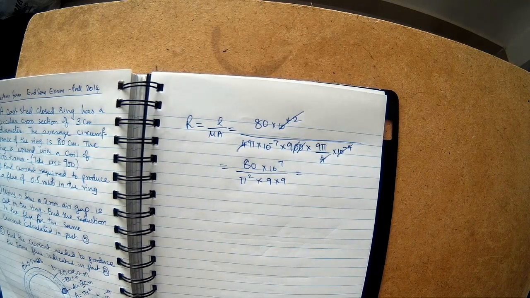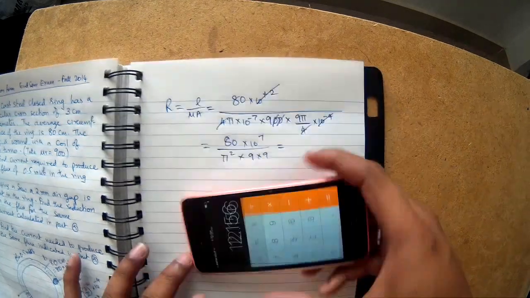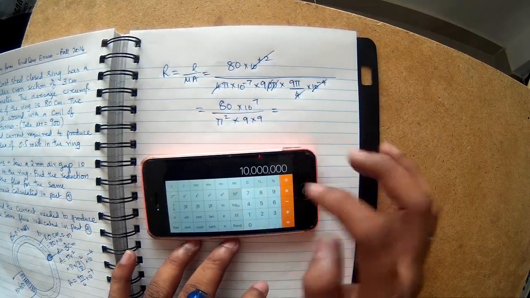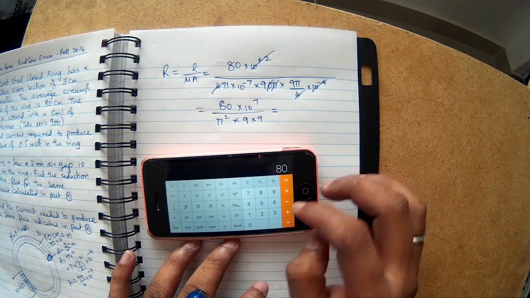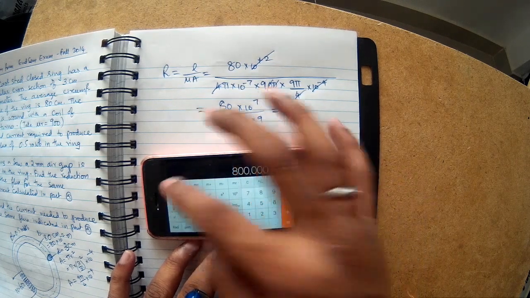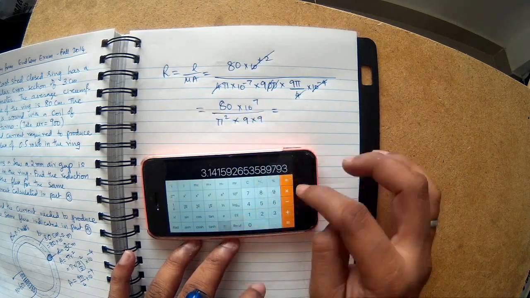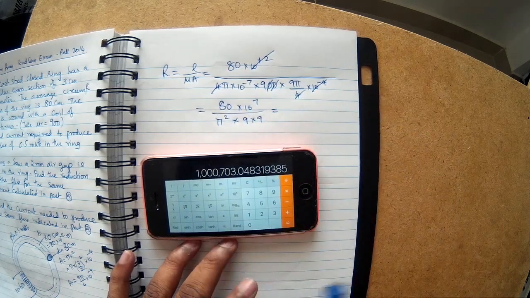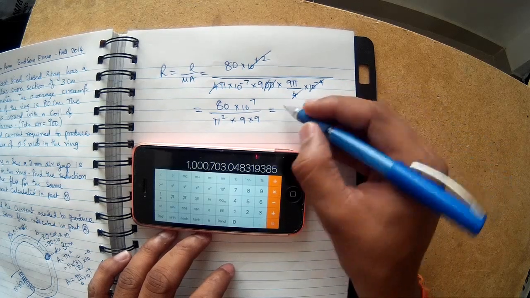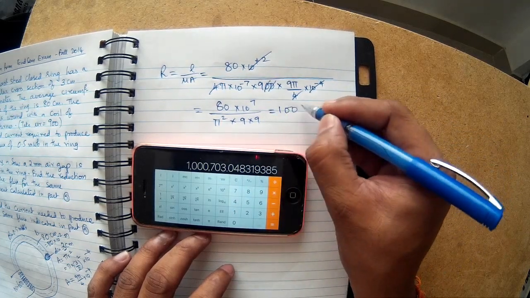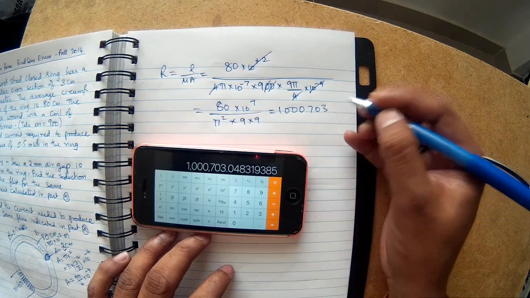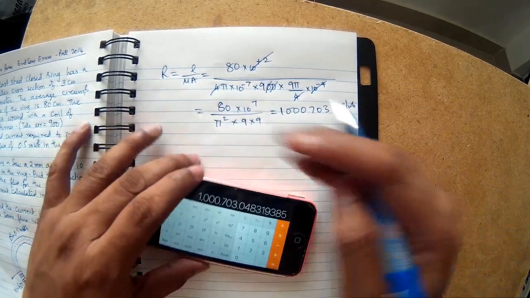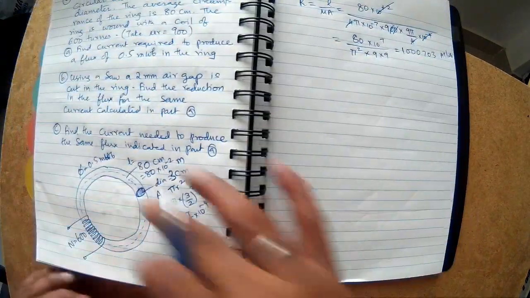Let's use the calculator and find the total reluctance. So 10 power 7 multiplied by 80 divided by pi square into 9 into 9. I am getting about 1000703 ampere turns per Weber as the reluctance of the entire circular path.